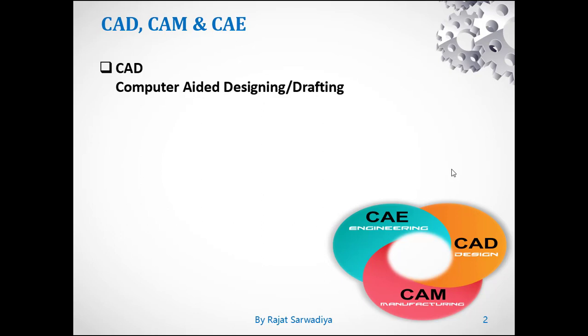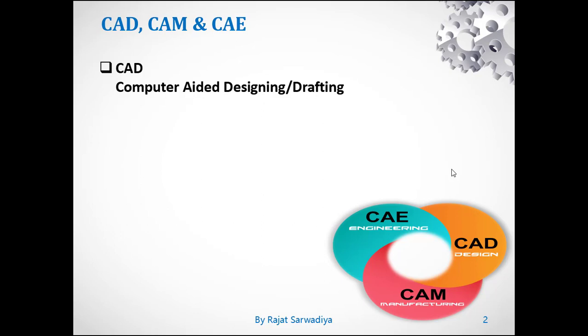CAD is basically used to create a design or drafting of a particular product. CAD tools are capable of creating the model as well as generating the drafting for a particular product.